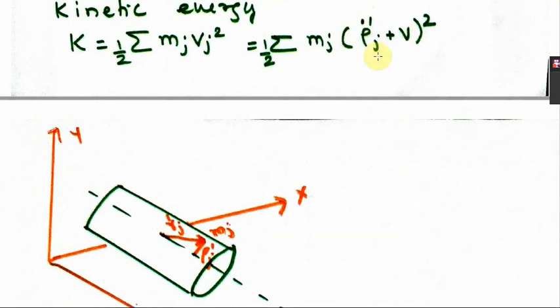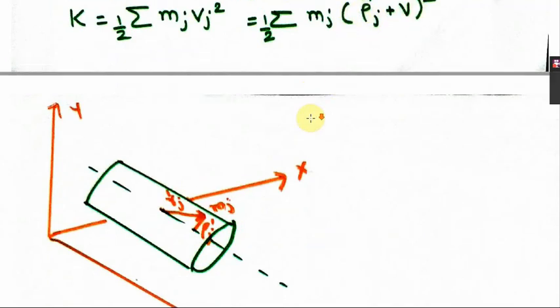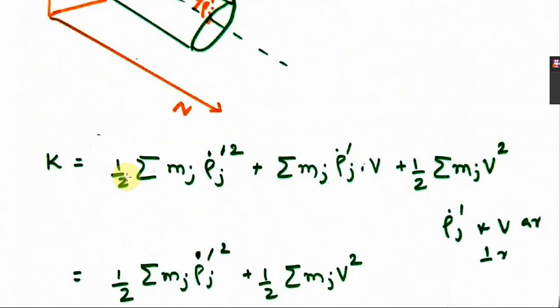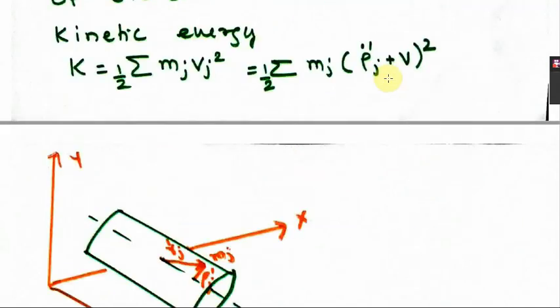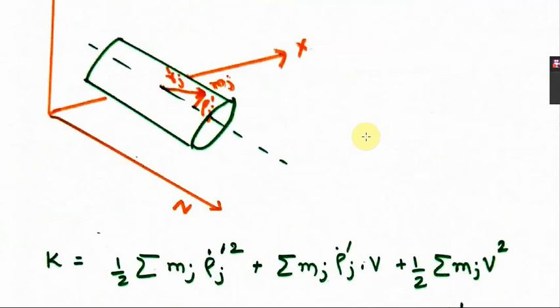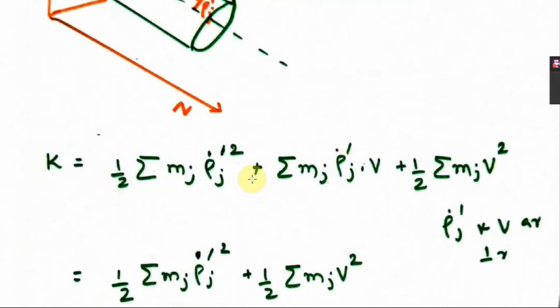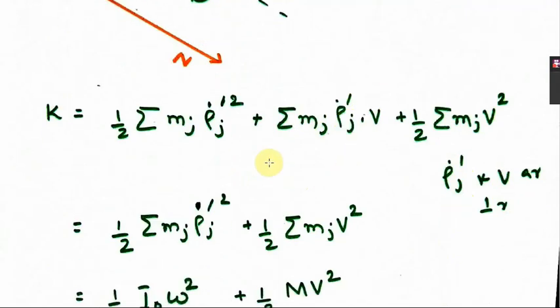So I can expand this and write kinetic energy as half m, expanded in the a plus b whole square format. So you get three terms. In this, rho j prime dot and v are perpendicular, so this term will cancel off. So you will be having only the first term and the last term.